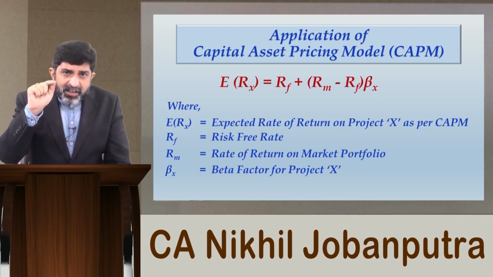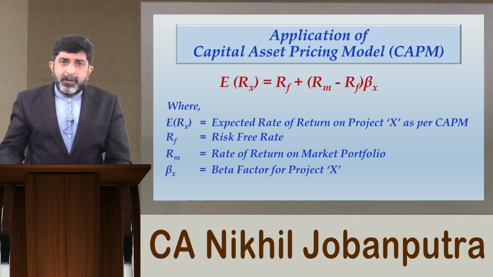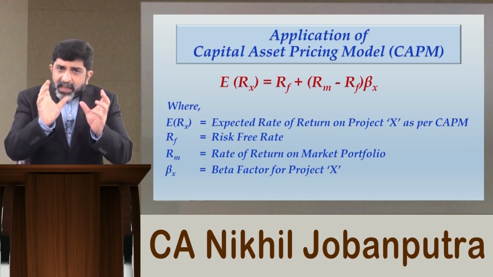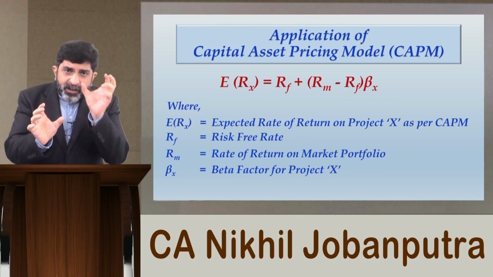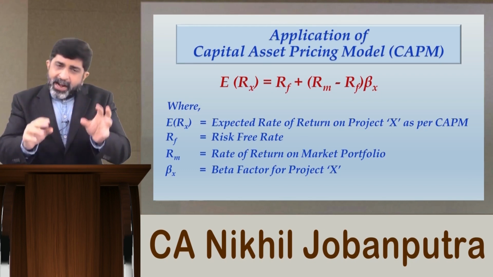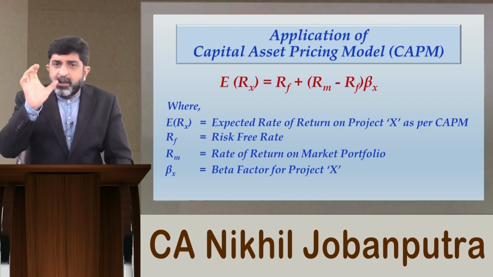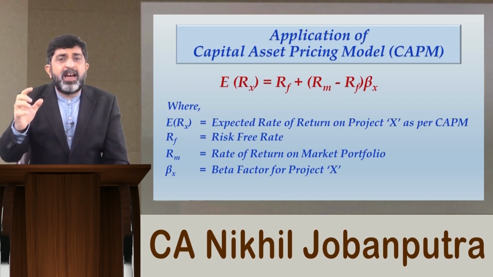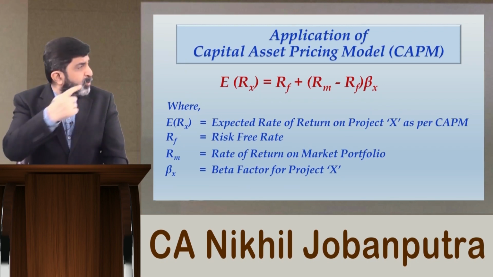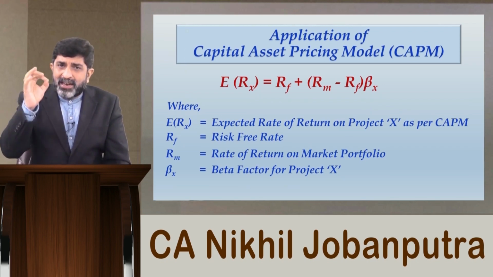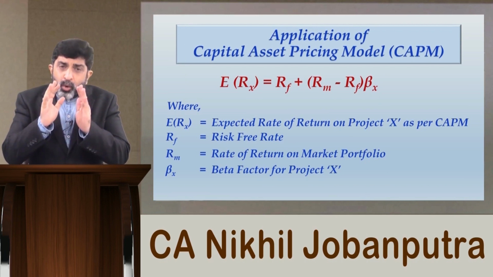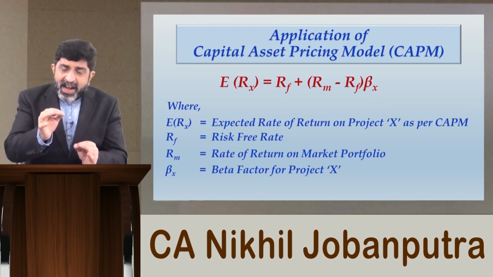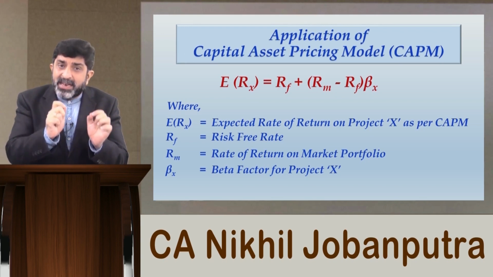While we were discussing the concept of RADR, I am sure many students had that doubt in their mind: if RADR is aggregate of risk-free rate and risk premium, and we have understood what is risk-free rate, how to compute that risk premium? That is what we are going to learn over here using this technique of capital asset pricing model. To understand capital asset pricing model, what you first need to understand is the meaning of beta.